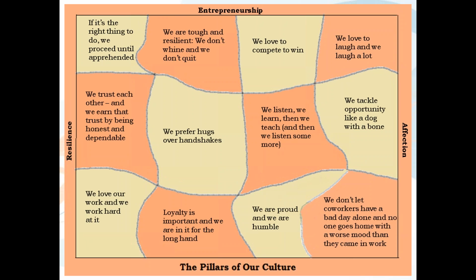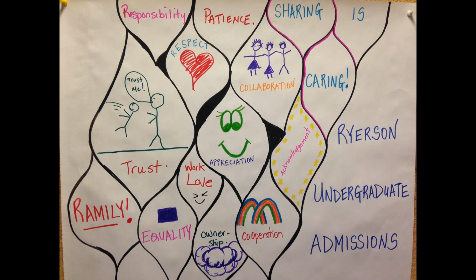Then on the inside, you see some of the ways that you would see those things reflected within their organization. At Ryerson University in Toronto, they took this to heart, and in small groups, they worked out their own culture quilts, and this was one of them. I love Ryerson Family, abbreviated to RAMLY.